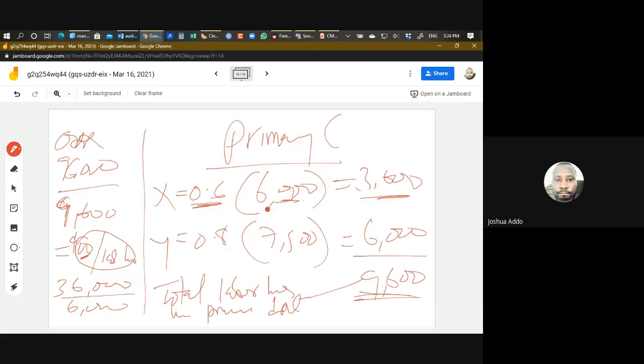And we can do the same exercise for Y. We are in the same primary department. We have done product X, so we can do the same thing for product Y. Product Y, 10 cedis per labor hour.